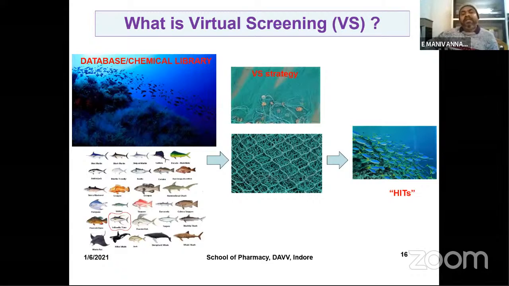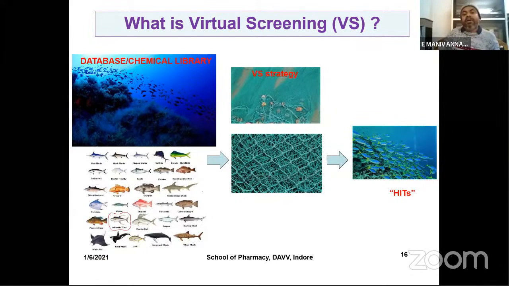Now we can understand with a simple example what is meant by virtual screening strategy. Consider an ocean filled with livestock, that is fish. There is a wide variety of fishes in the ocean, right? You want to selectively identify a particular variety of fish, that is yellow fin tuna fish.